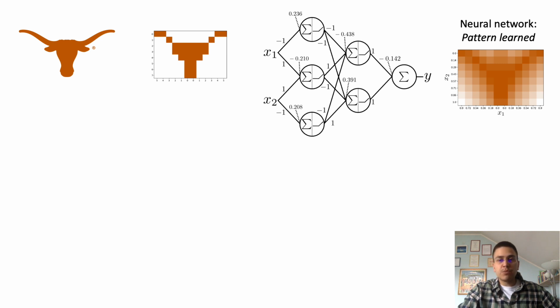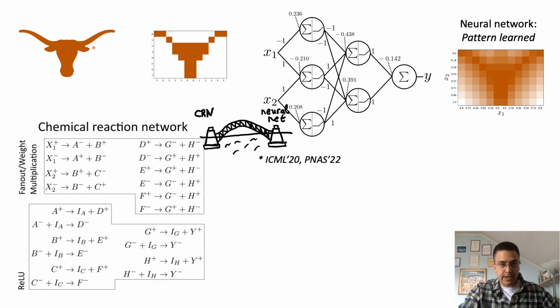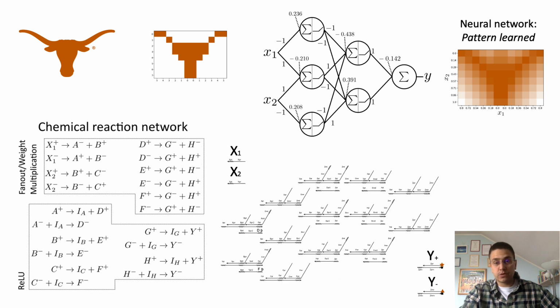What's important is that we translate this neural network, using the bridge I showed before, to a CRN, this chemical reaction network, and this is all what I talked about just before. But the new part is that we implement DNA molecules that implement this chemical reaction network. This is how they would look.